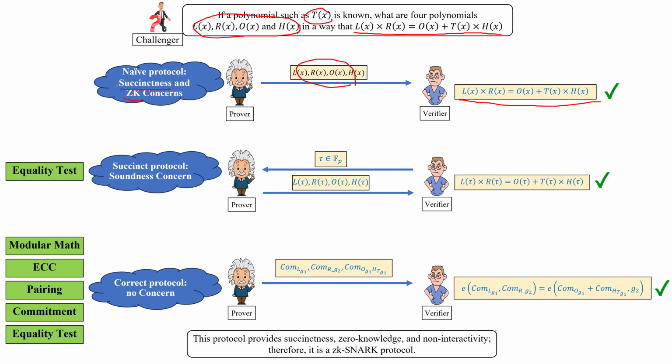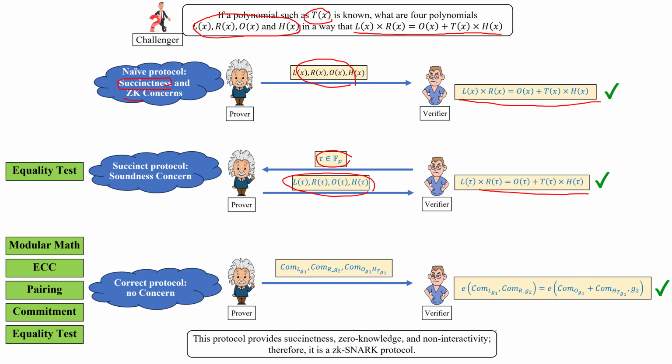So first we solved the issue of succinctness. And we mentioned that if we use the equality test that is designed based on the Schwartz-Zippel lemma, the prover doesn't need to share the polynomials with the verifier. The verifier just picks a random value and then the prover shares the evaluation of those polynomials with the verifier.